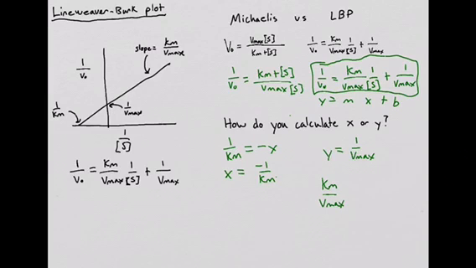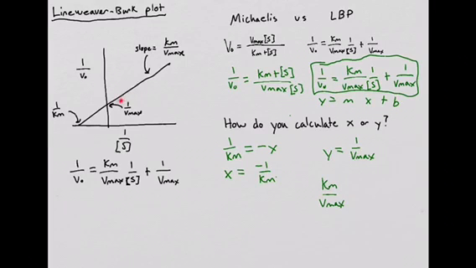Also, how are we going to calculate our y? We look at this y axis and we're going to pick this point right here. And this is going to be 1 over Vmax. From there, if we have our Vmax, we can get our y. If we have our y, we can get our Vmax. And finally, we have the slope of Km over Vmax, which is going to be this guy divided by this guy.